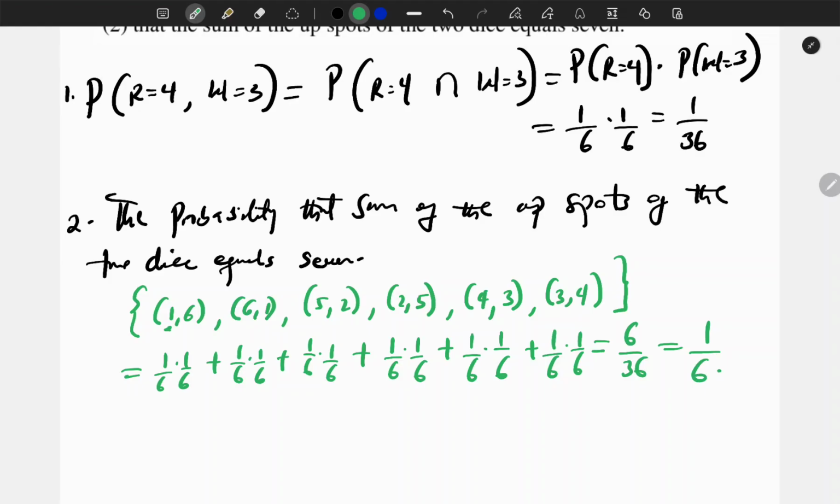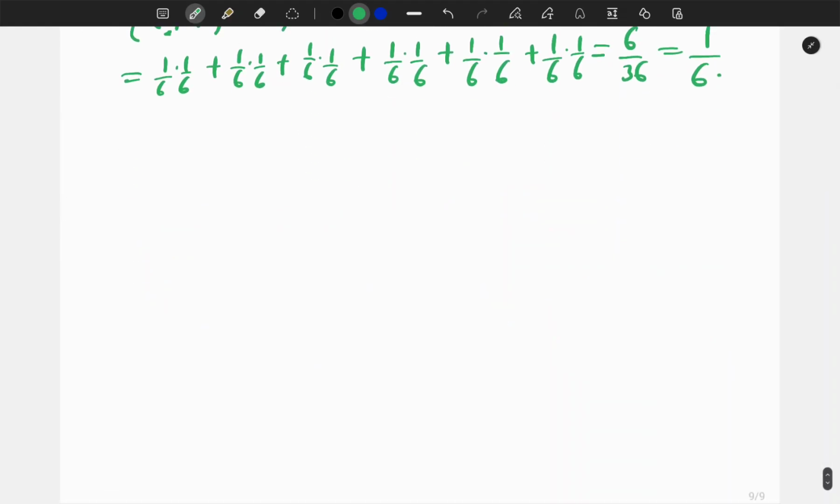Alright, so let's now define mutually independent.